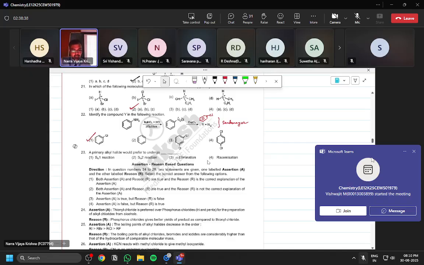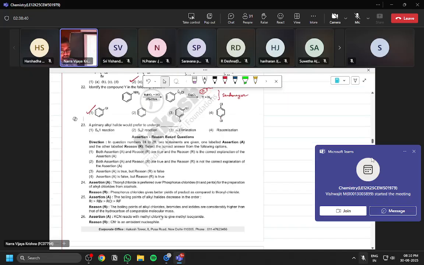A primary alkyl halide would prefer to undergo primary man. If it is secondary, if it is tertiary, SN1. Primary, SN2. Then racemization will not happen. Racemization means it should be chiral. Impossible. Alpha elimination means elimination should happen on the same carbon. Right?